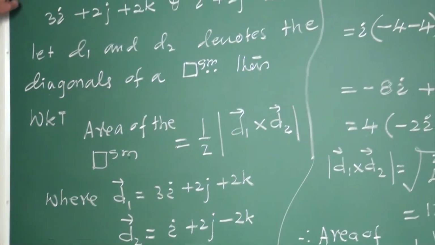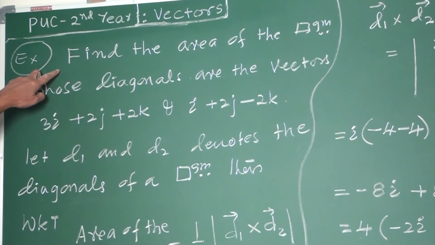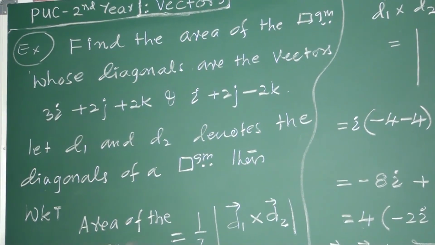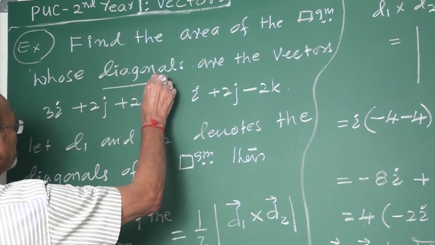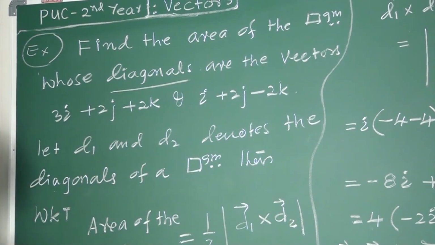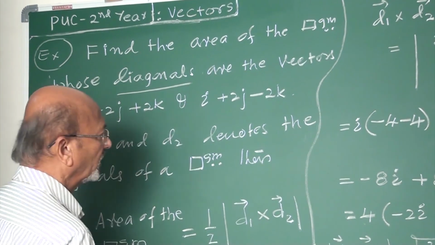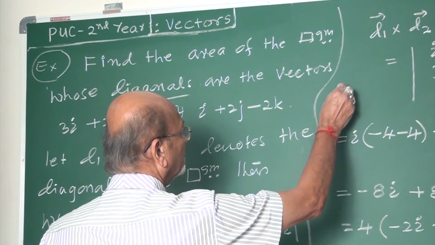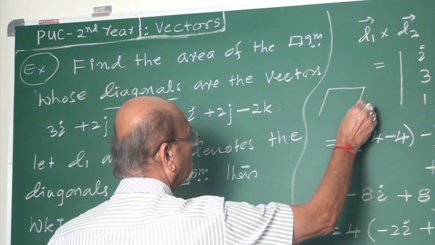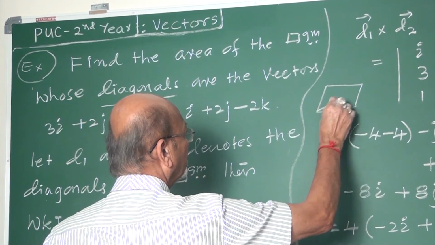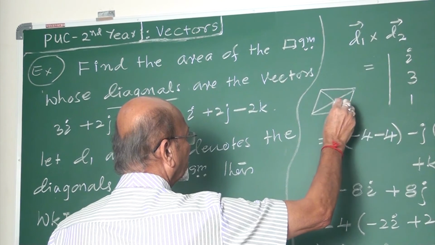Example: find the area of the parallelogram whose diagonals, in this case instead of adjacent sides, the diagonals of a parallelogram are given. This is one diagonal, this is another diagonal.